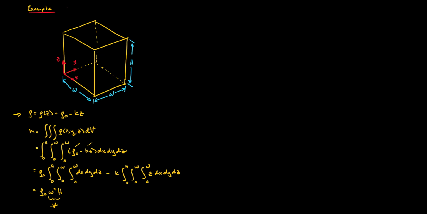All right, so next we have the second term. And so what we can do here, again, we can split up these integrals, so we can just do 0 to w, 0 to w of dx, dy, and then multiplied by the integral of z dz evaluated between 0 and h.